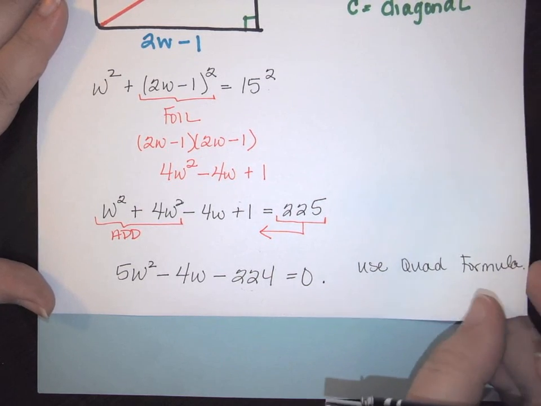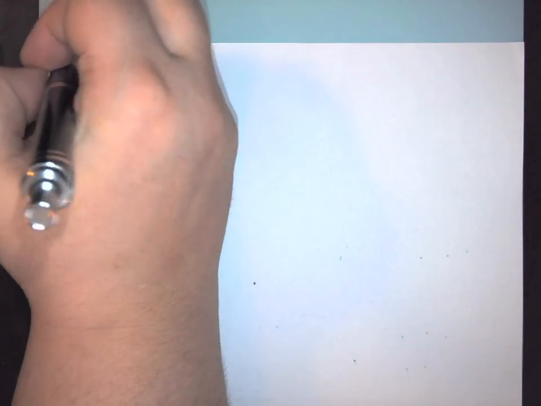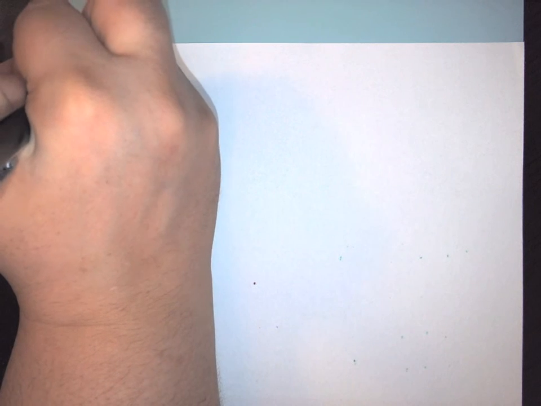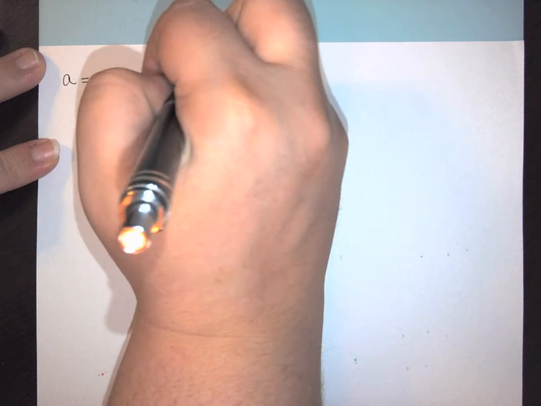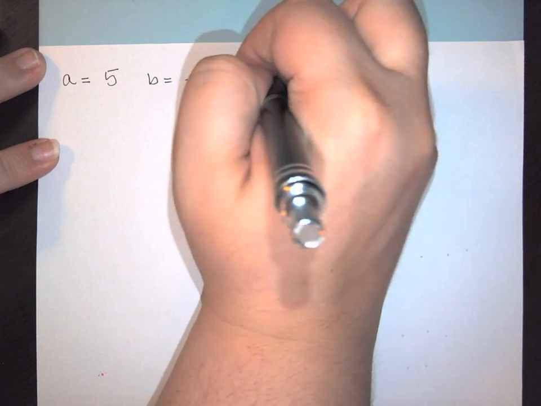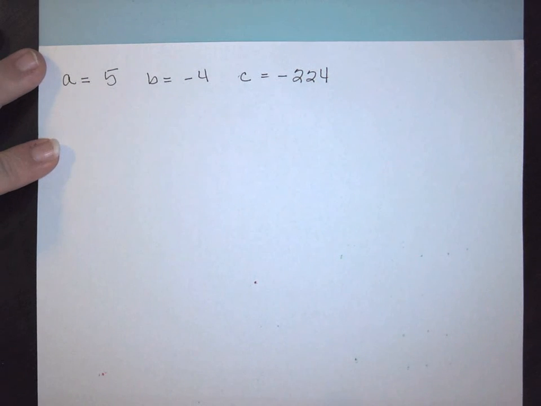So here, what you need to do is we need to identify A, B, and C, and we need to set up our formula. So in this case, we have that your A is going to be 5, your B is going to be -4, and your C is going to be -224.